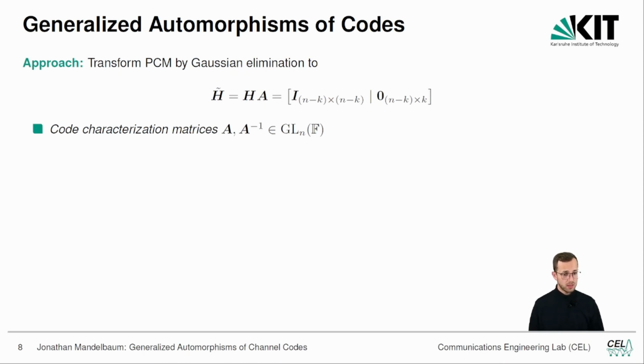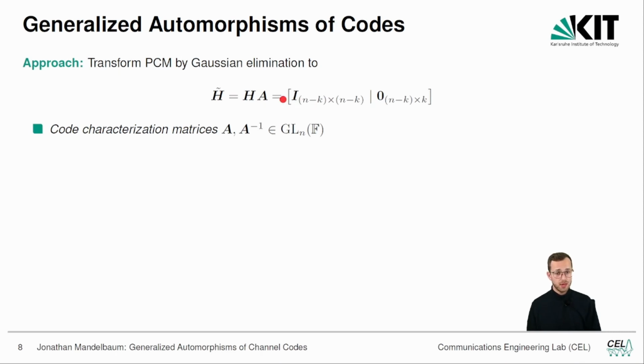Gaussian elimination, which we perform on the columns, can be represented by the right multiplication with a matrix A, and by applying this Gaussian elimination we are able to obtain H tilde, which has the following form, possessing an identity matrix on the left side and an all zero matrix on the right side.